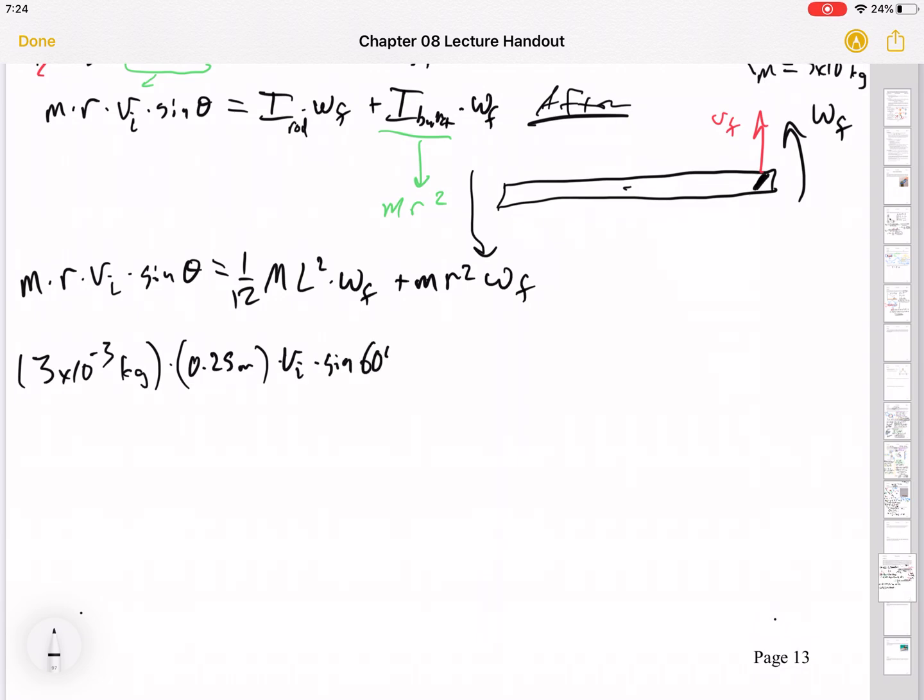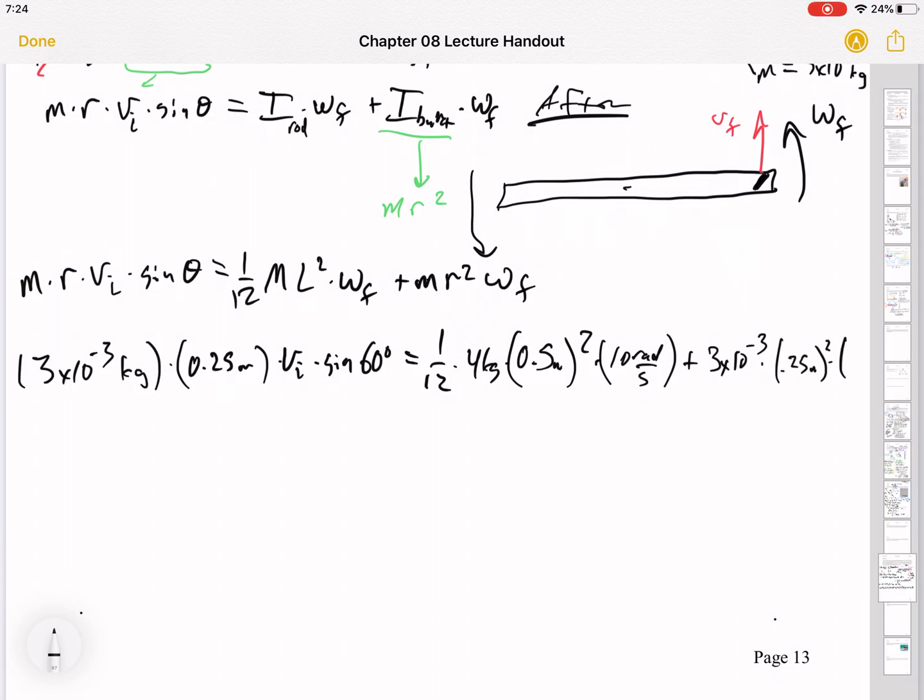Sine of 60 degrees equals 1/12 times the mass of the rod, 4 kilograms, times the length of the rod, half of a meter, squared, times omega final, 10 radians per second, plus 3 times 10 to the minus 3, the bullet mass, times 0.25 meters squared times 10 radians per second. Okay, that's it. So if we solve for V initial, what we get is 1,286 meters per second.